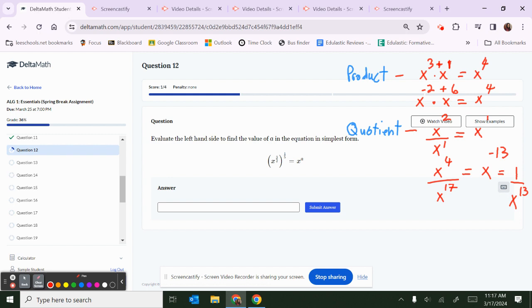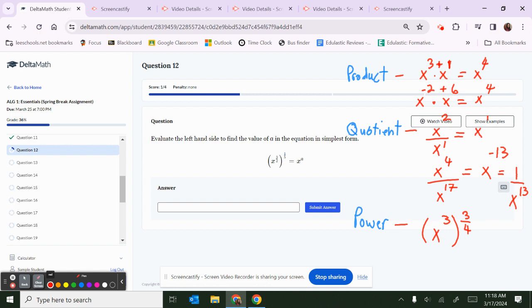And then the final rule you need to know is the power rule. Power rule is the easiest rule to use. Power rule states that whenever you have an exponent on the inside and an exponent on the outside, you are going to multiply exponents.